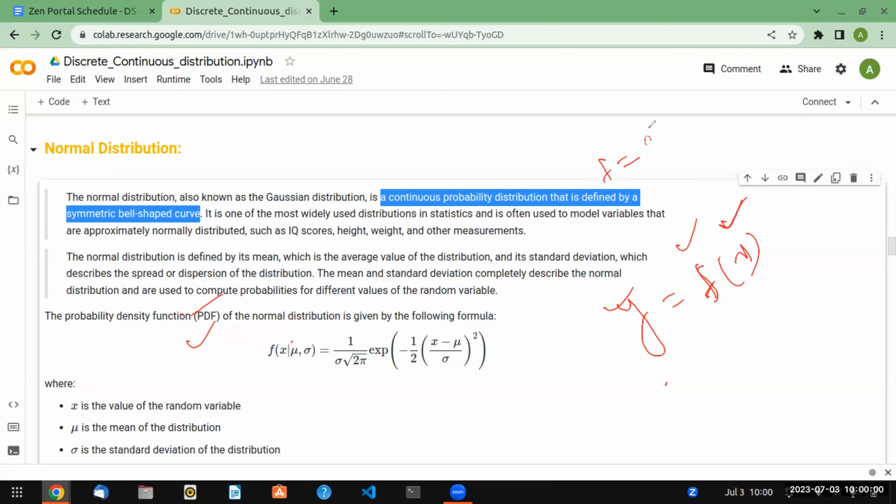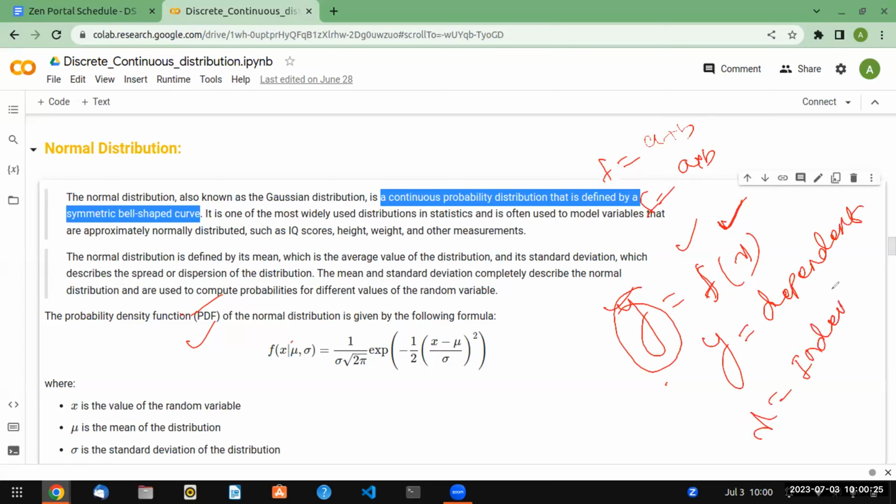Either your function is a plus b, or a into b, or some complex mathematics, or any kind of function. And once you put your independent variable inside this function, the output you are getting is called the dependent variable. So x is independent. You put something in some function, and whatever value you get, that is your y.